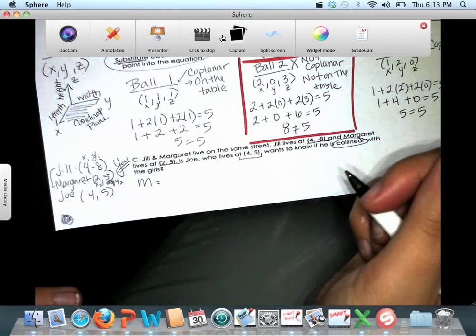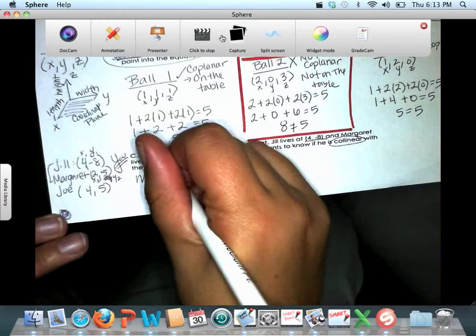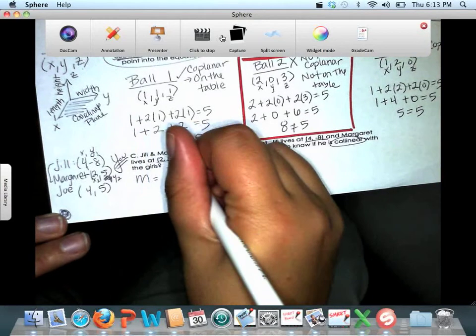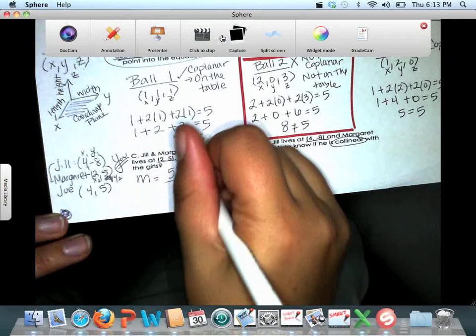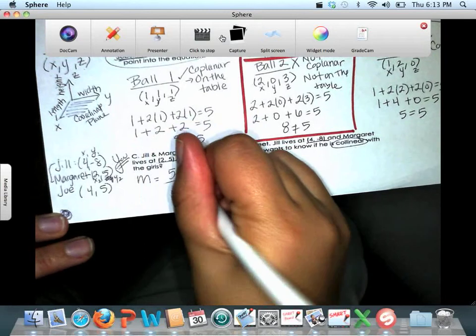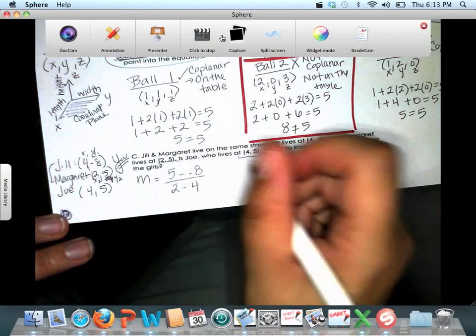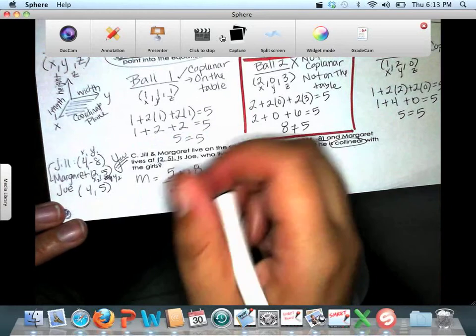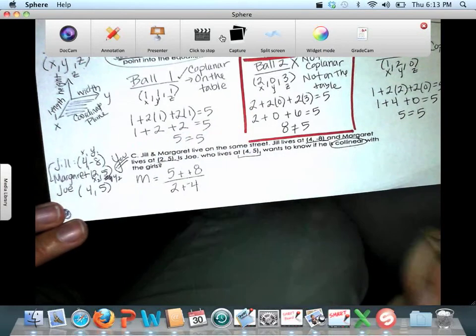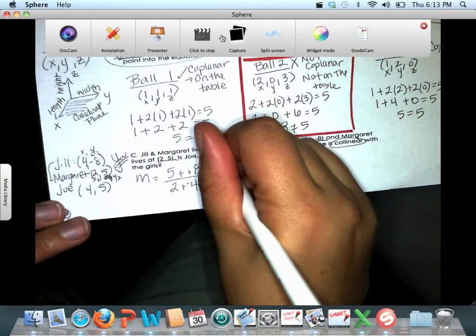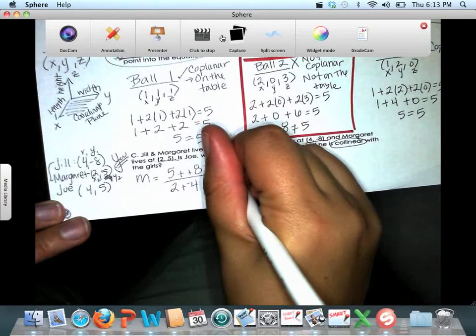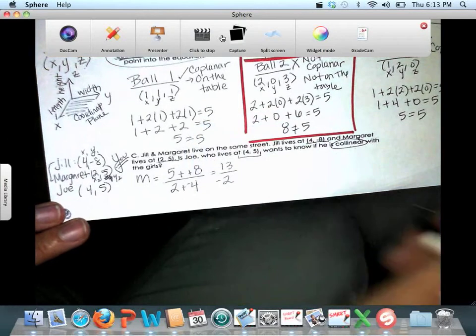Okay? Plug it in, we get 5 minus -8 all over 2 minus 4. This becomes plus plus, this becomes plus minus, and we get 13 over -2. This is our slope.